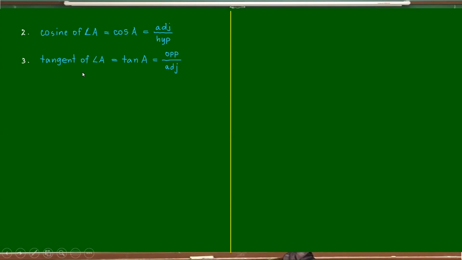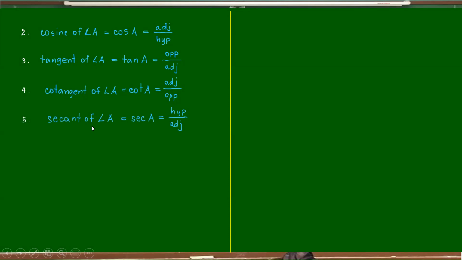The special name given to it is tangent of angle A, or tan A. And then we have number 4, adjacent over opposite, which is just the reciprocal of tangent A. Remember, tangent A is opposite over adjacent. And cotangent of angle A, which is abbreviated cot A and read cotangent A, is adjacent over opposite.